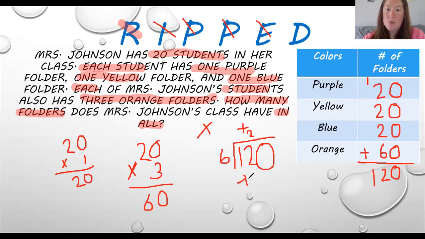I would subtract out my 12 to get 0. I would bring down my other 0. And I would put a 0 here because 0 times 6 is 0. So that would be correct. There are 20 students, so each of those students has 6 folders. Yes, we nailed it today.